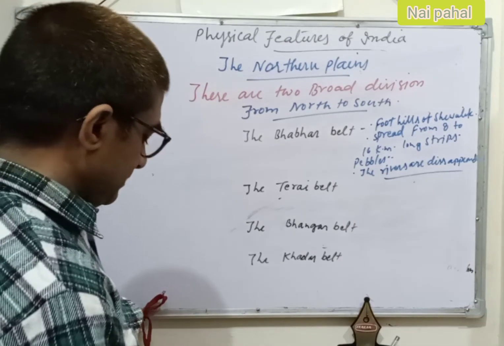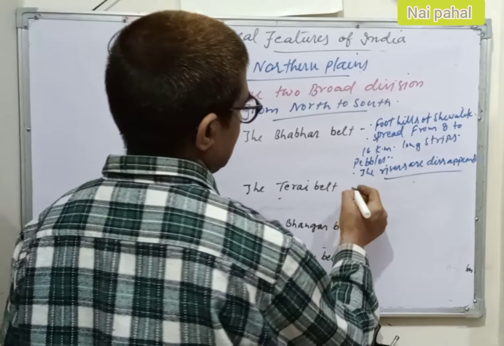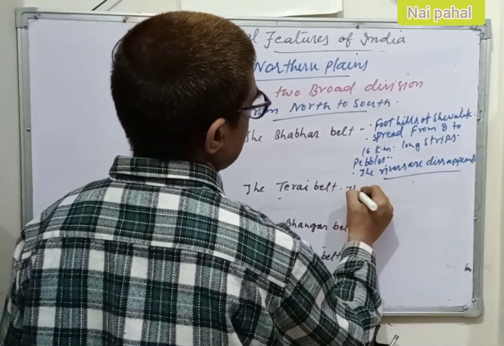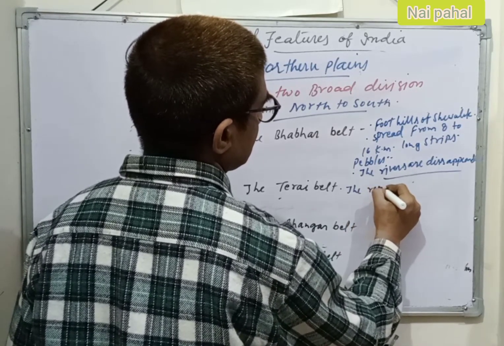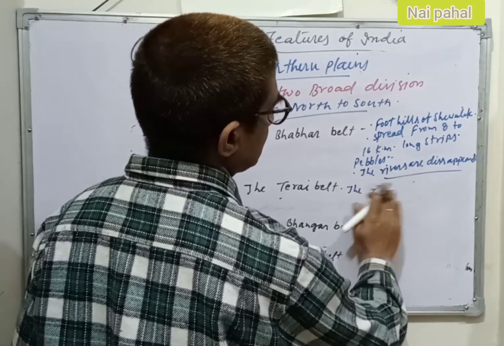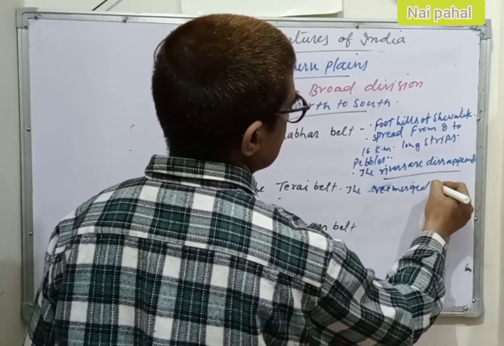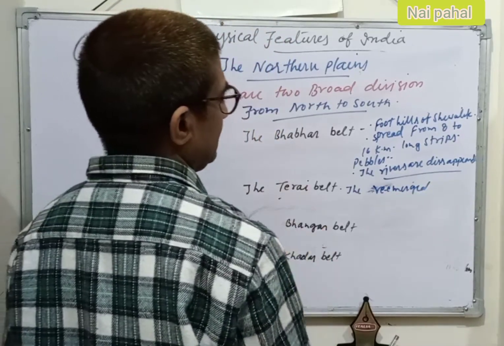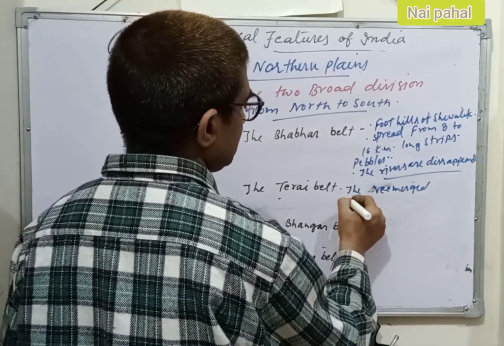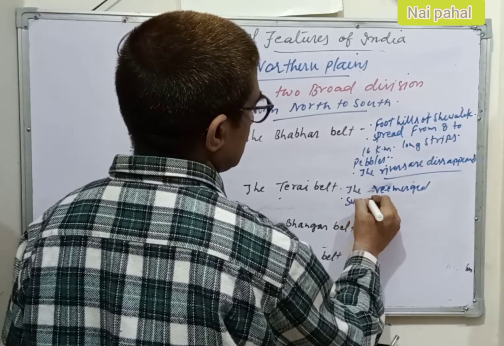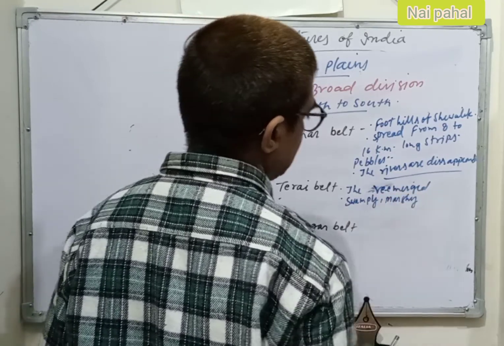Next is the Tarai Belt. In the Tarai Belt, number one, the rivers which disappeared re-emerge there. Okay? And this belt is formed by the good availability of water. So this region becomes swampy, marshy land.